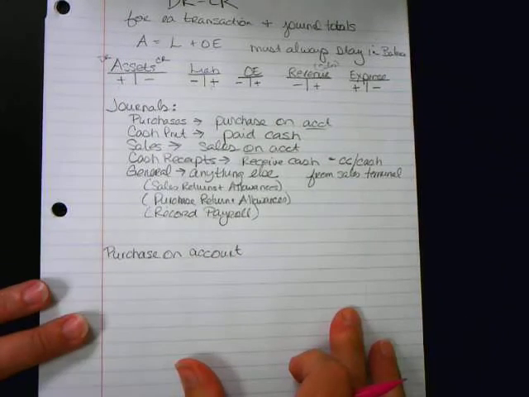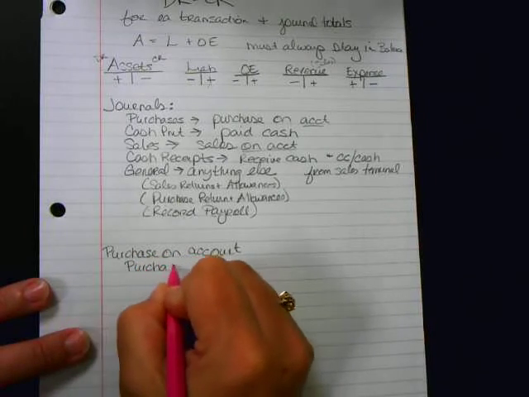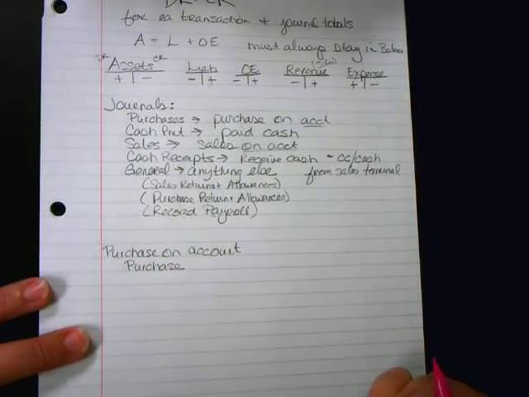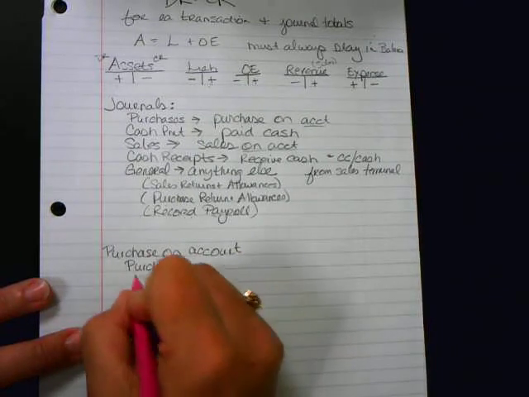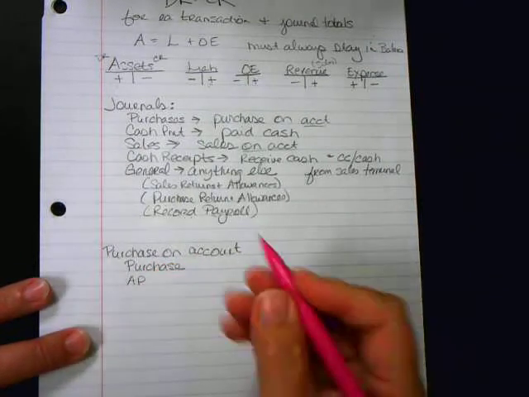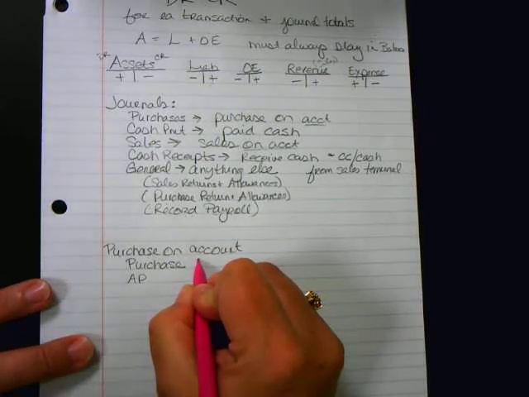And when we have a purchase on account, we're going to use the purchase journal. So we'll have a purchases column, and it'll be an accounts payable because we're buying something and we're not paying them yet. Okay, so a purchase on account.